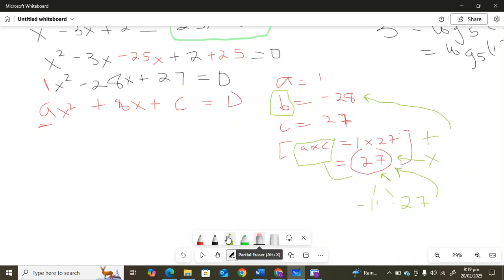Negative 1 minus 27, you get negative 28. And you just write it like this.